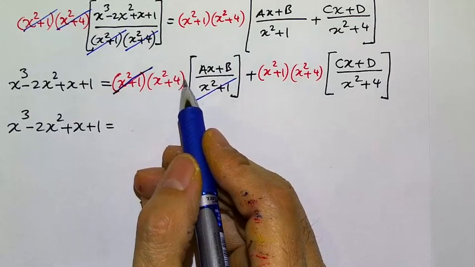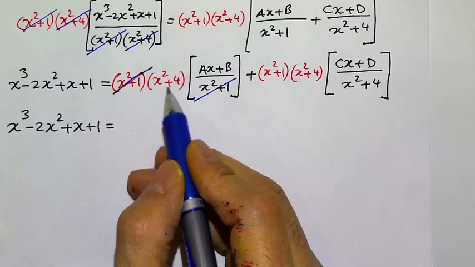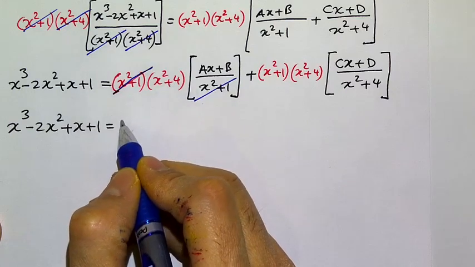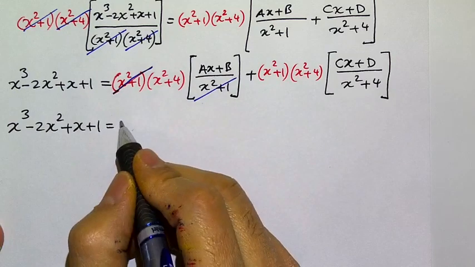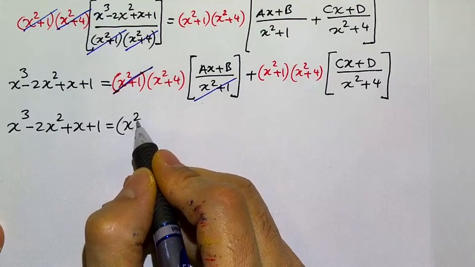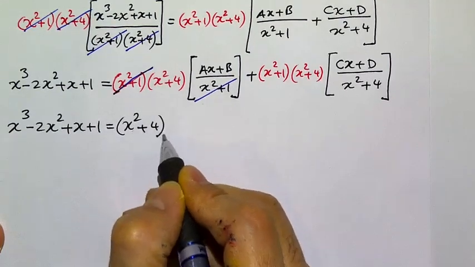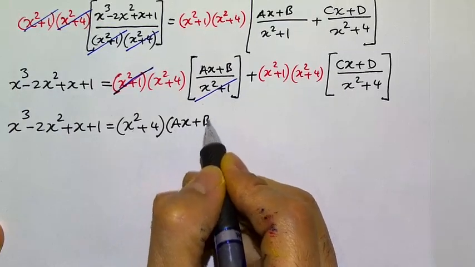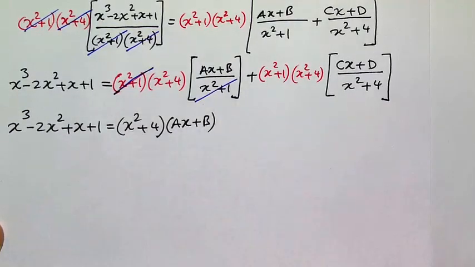We get x squared plus 4 times ax plus b, right? Look how nicely the fraction is now gone.